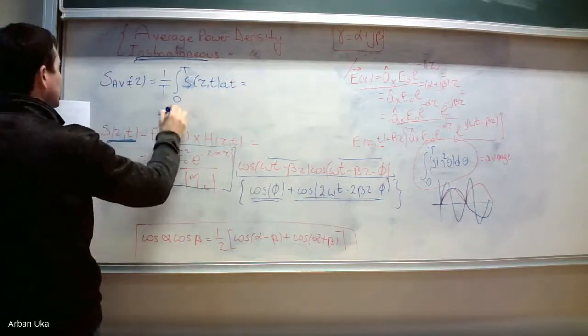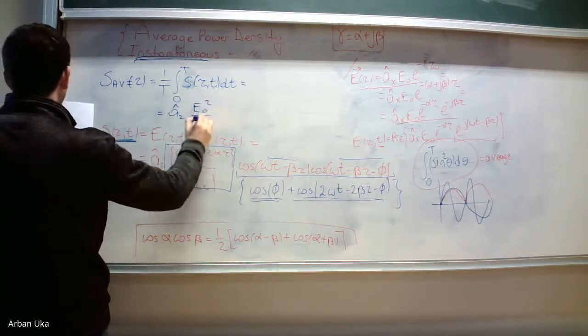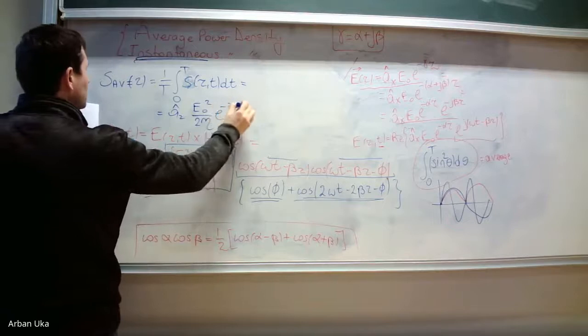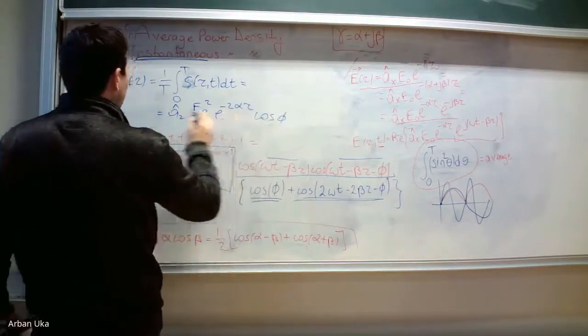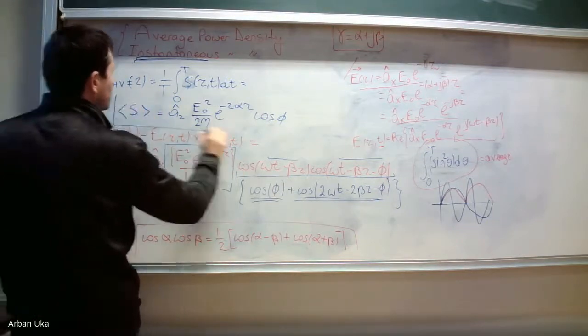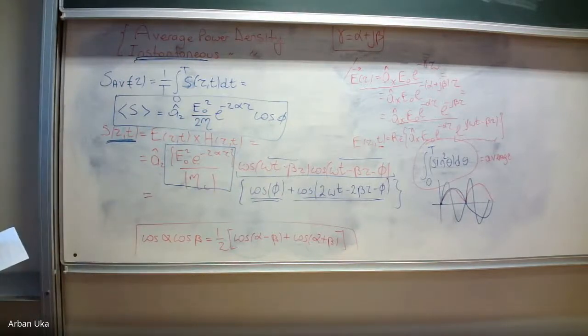This is equal to a_z E0 squared over 2 eta times e to the power minus 2 alpha z cosine phi.